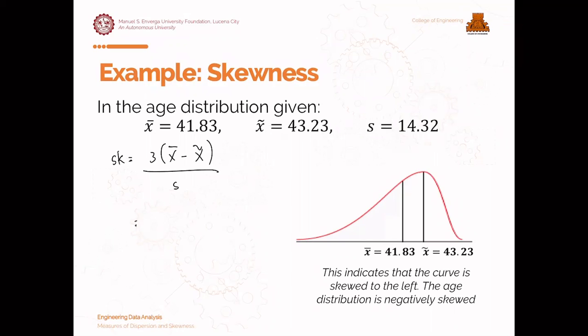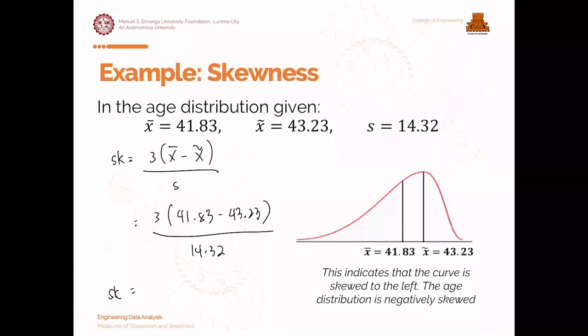So, substituting the values from the given example, 3 times 41.83 minus 43.23 all over 14.32, we have the coefficient of skewness as negative 0.293. Okay?